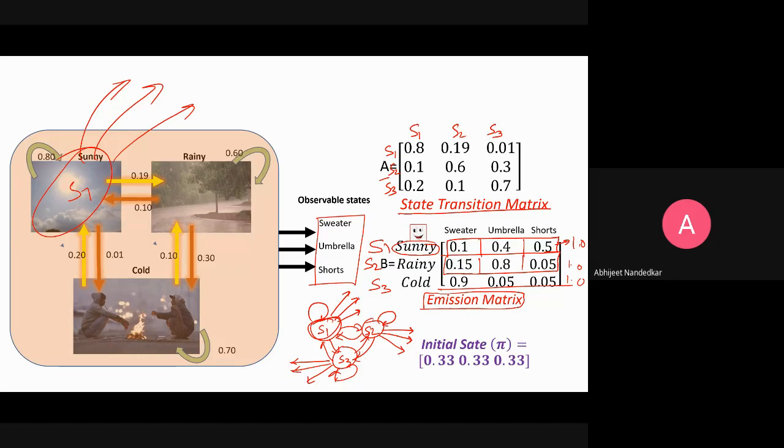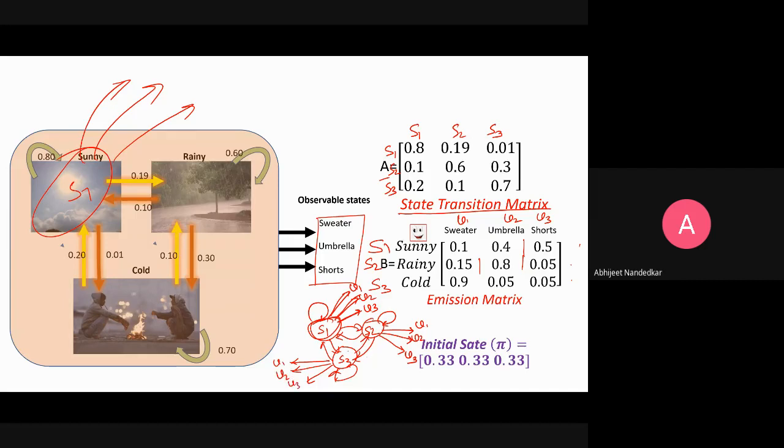And here we have the chances of emitting these symbols. I can call the sweater V1, the umbrella V2, and the shorts V3. These are the symbols emitted by this machine.